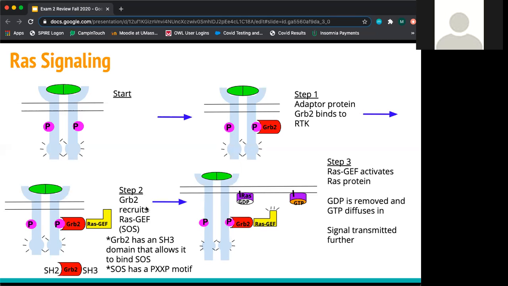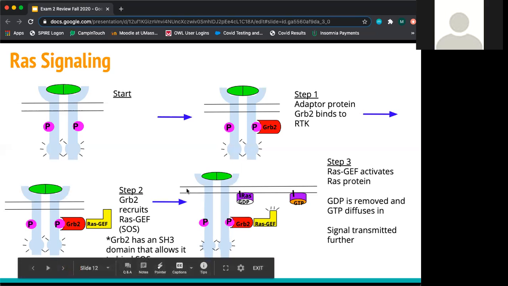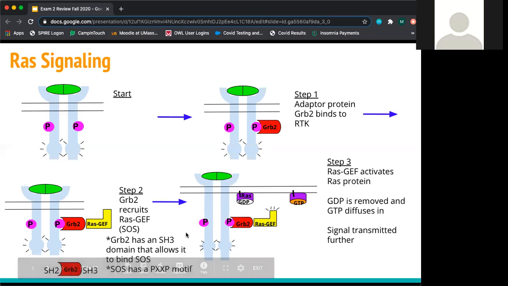After GRB2 binds, it's going to recruit RAS-GEF, also known as SOS, and that is going to bind to GRB2. And GRB2 has an SH3 domain on the other side, as you can see, that allows SOS to be able to bind to that. And SOS, just a quick note, it has a PXXP motif. That just means proline, amino acid, and proline.